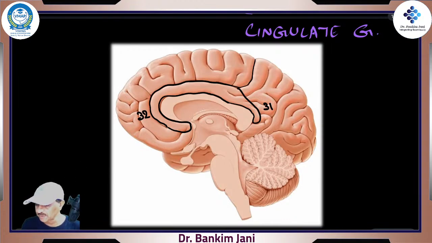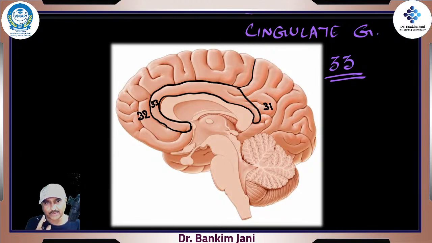Let's add the Brodmann's area numbers into it. 32, 31, the next number would be 33, and that 33 is here. 32 was the dorsal anterior cingulate cortex, 31 was the dorsal posterior cingulate.